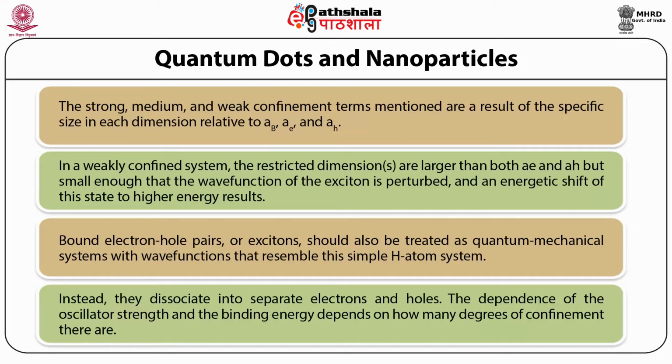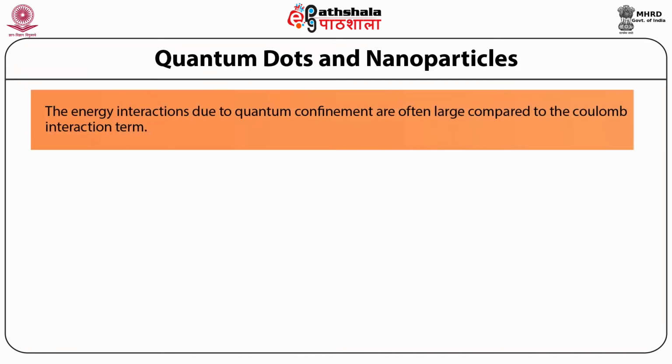The dependence of the oscillator strength and the binding energy depends on how many degrees of confinement there are. The energy interactions due to quantum confinement are often large compared to the Coulomb interaction terms.